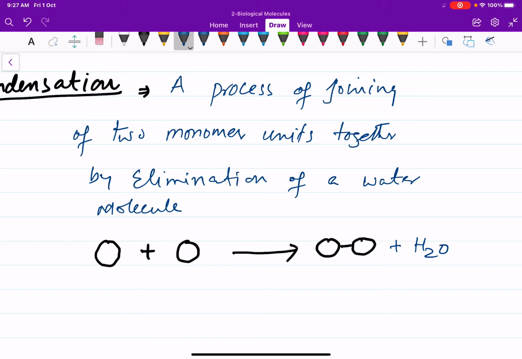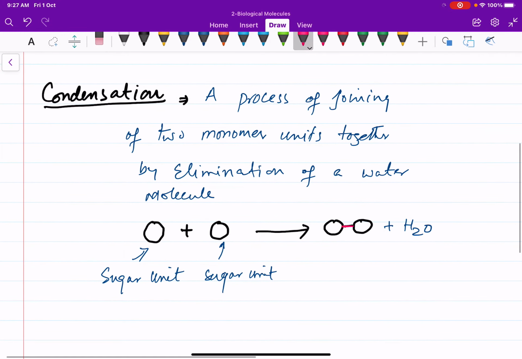You got the point? So if this is a sugar unit and this is also a sugar unit, there are two sugar units joined together by this linkage in between them. What this linkage will be known as, if it is the disaccharide, is a glycosidic linkage.